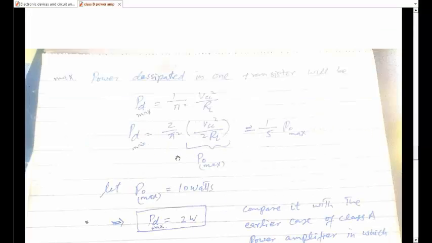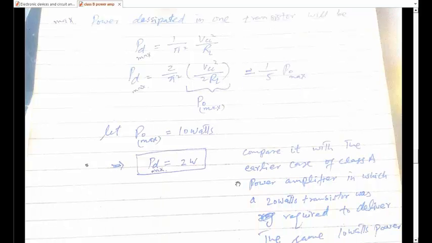Half of the power dissipation would occur across the NPN, and half across the PNP. So power dissipation in one transistor would be 1 by pi squared Vcc squared by RL, or if we multiply and divide by 2, we get 2 by pi squared Vcc squared by 2RL, and this is the maximum power dissipation. Power dissipation in one transistor would be approximately 1 by 5 of the maximum power dissipation, because 2 by pi squared is roughly 1 by 5.